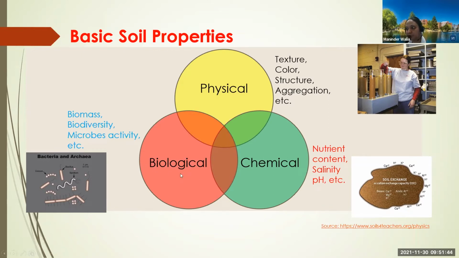Some of the biological properties that can be found out from laboratory analysis are the biomass, biodiversity, and microbial activity. It is important to learn that not all labs will do these analyses. Specialty test labs can provide the analysis of biological soil properties.